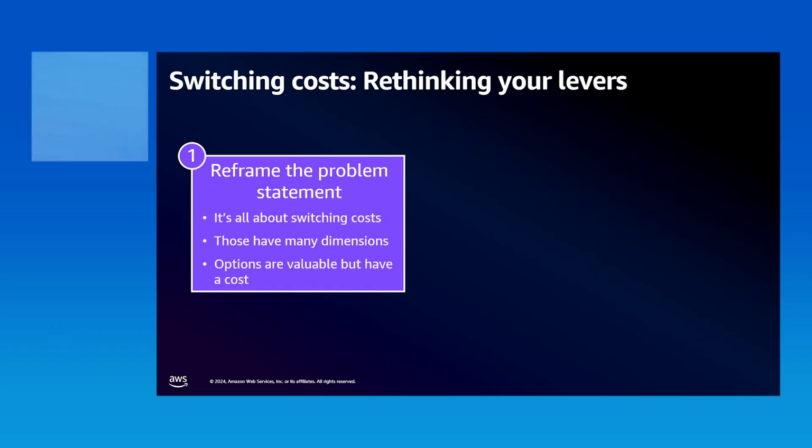So where are we? The powerful maneuver that we did is that we didn't shy away from the topic. You should worry about it, but you shouldn't fear it. You should reframe the problem by understanding that nobody gets locked up. It's about switching cost. And then these dimensions help us as well: the utility versus the cost, and the different dimensions of switching cost.